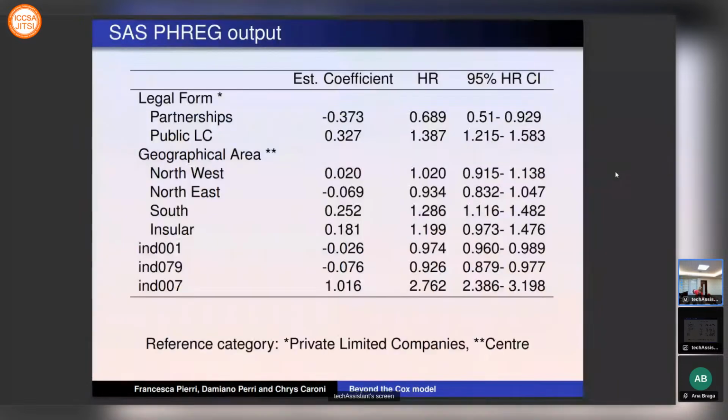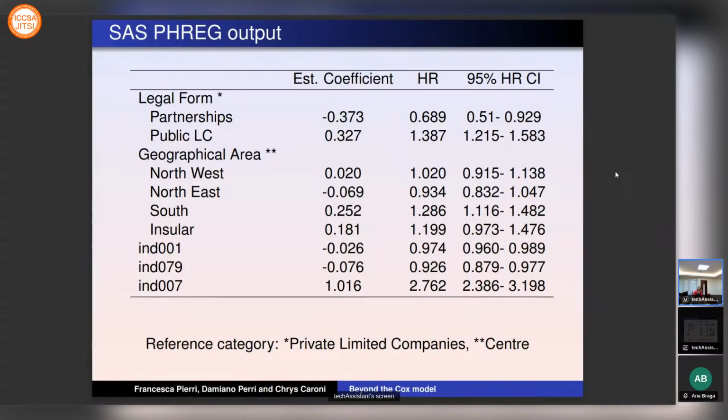This is a quick view of the results. You may see the estimated coefficient, the hazard ratio, and the confidence interval. When the hazard ratio is higher than one, the meaning is that the variables affect positively the bankruptcy.